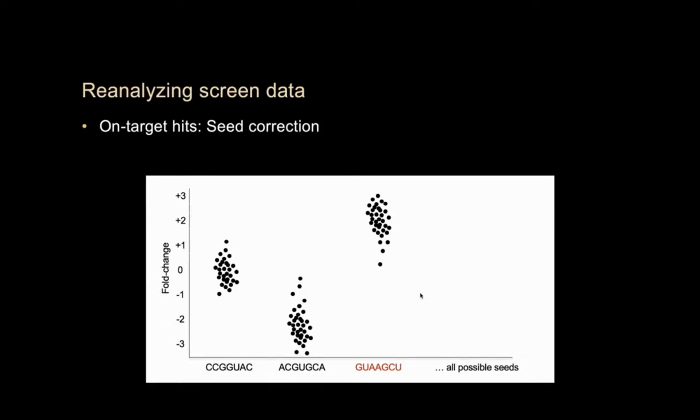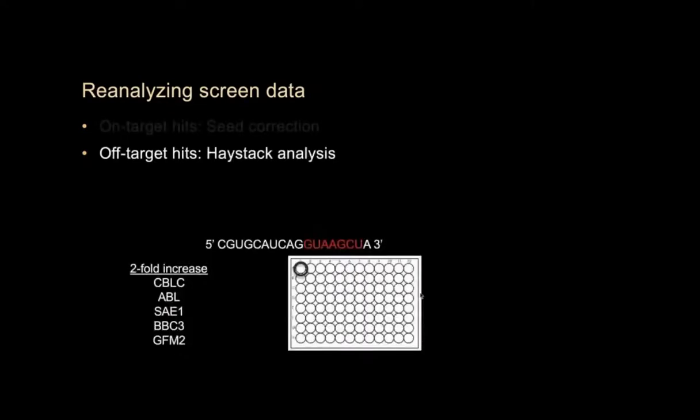So you can imagine for the seed GUAAGCU, shown here in red, every time an siRNA had that seed, there was this increase in survival. So if we see a target siRNA that we're interested in, and it's got that seed, it needs to have even more than 2-fold survival to be interesting. So we essentially can go through and re-handicap all the siRNAs.